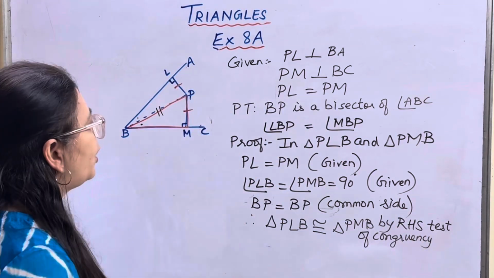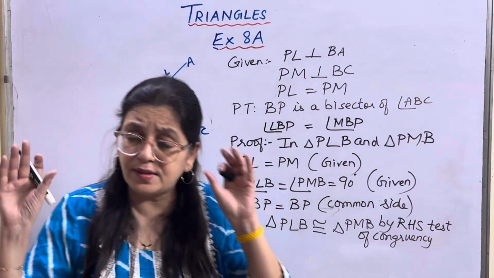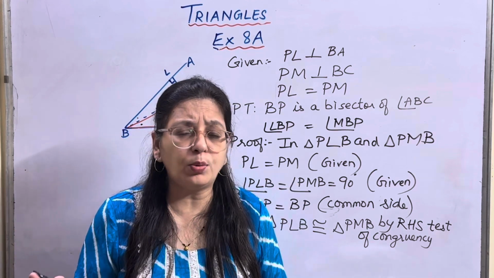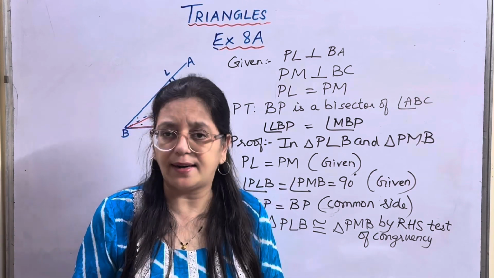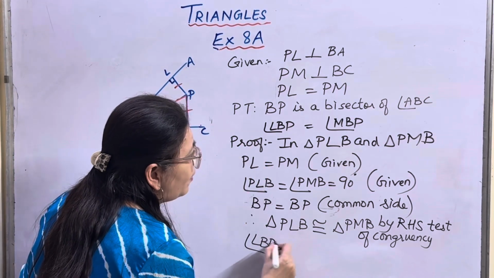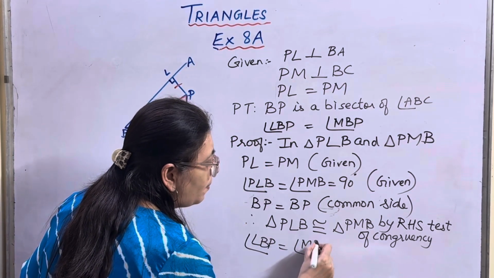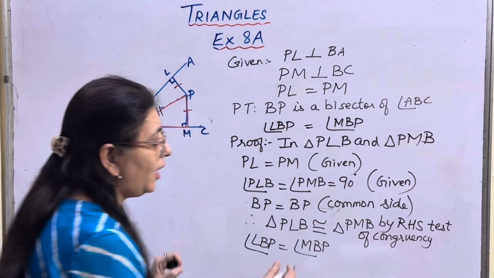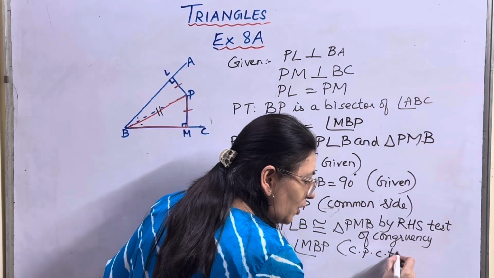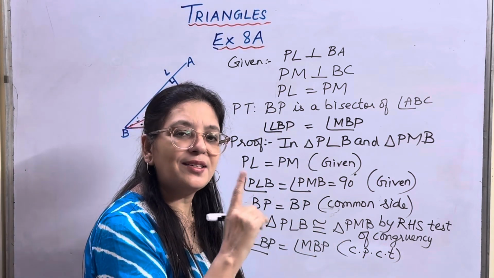Now what you have to prove? Now since both the triangles are congruent, their angles will be equal, their sides would be equal, right? So angle LBP will be equal to angle MBP. Why? Because of C.P.C.T. What is CPCT?